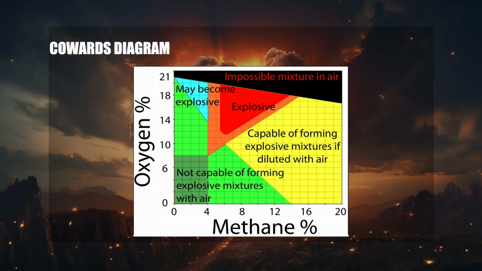So, the insufficiency of methane as well as air gives incapability to form a methane air explosive mixture, but the right one is capable of forming an explosive mixture if diluted with air. In this area, the methane content is sufficient, and if air concentration is sufficient, then the mixture can form an explosion.